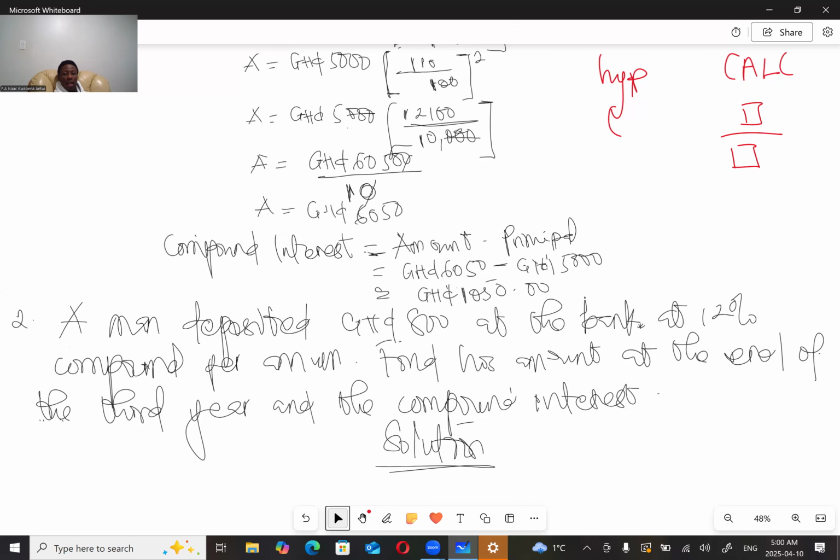The question is saying find the amount, find the compound interest. So what answer are you getting and what is it? Sir, please, I didn't do the compound interest. Okay, so the amount is 1003.52? Yes, sir. It's incorrect. Please check it again for me.